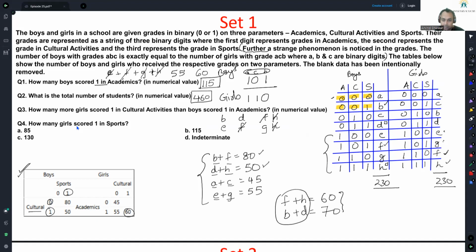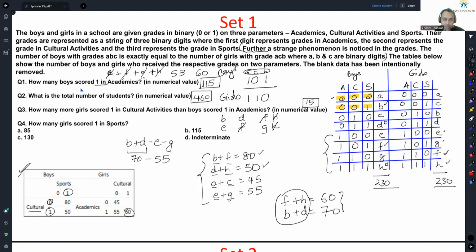F and F get cancelled anyway. Finally, we are left with B plus D minus E minus G. I know B plus D is 70 and E plus G is 55. So the answer to the third question will be 15.